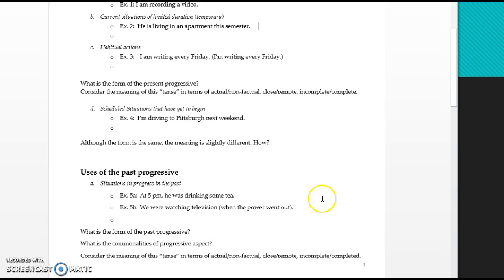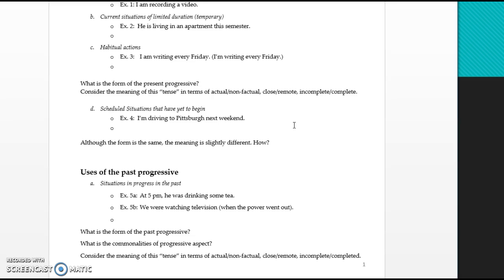Okay, so let's look at one more use of the present progressive. We can also use it for scheduled situations that have yet to begin. Look at this example. I'm driving to Pittsburgh next weekend. This one's a little bit different because it's not currently happening, right?